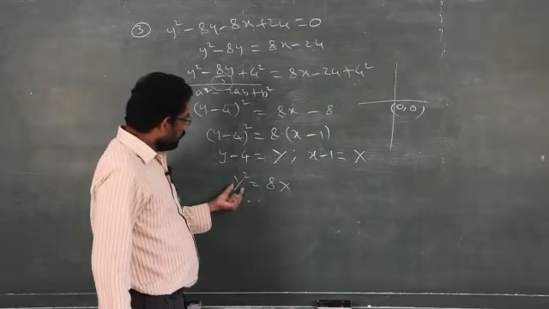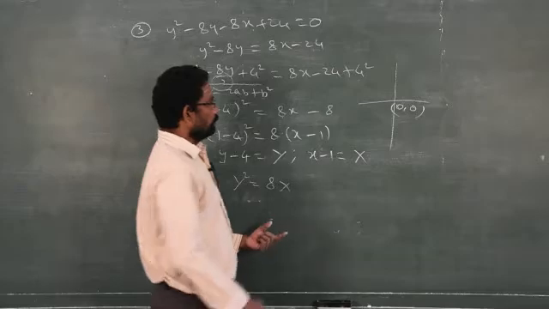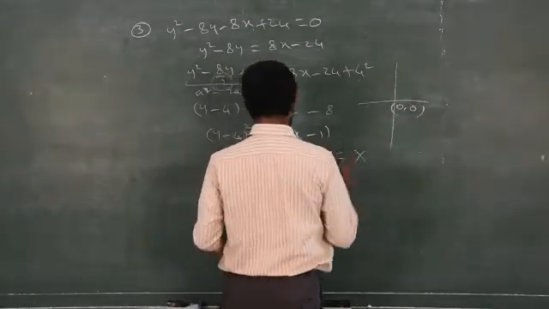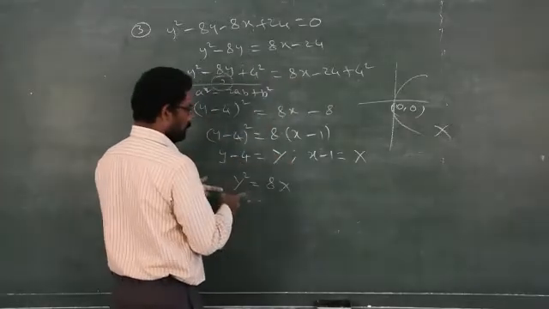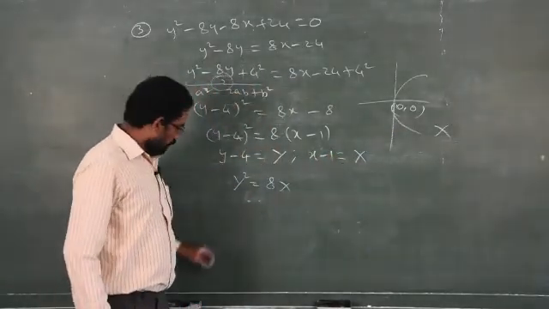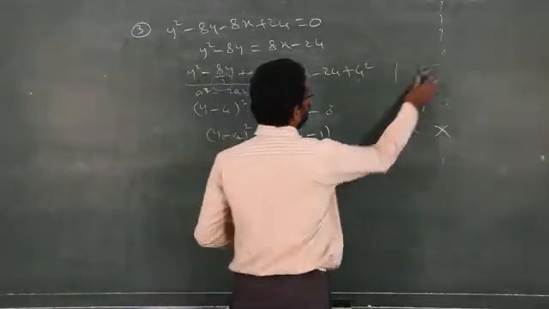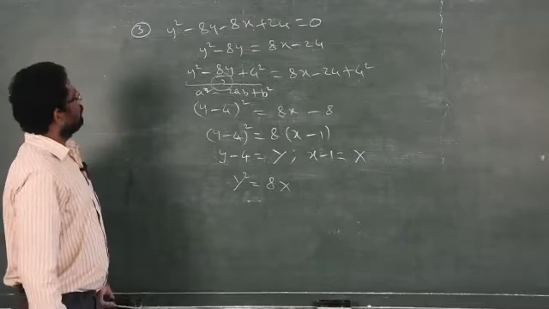Now this refers to capital X and capital Y. So you don't take the diagram like this. This is y square equal to 8x, therefore this is wrong for this problem. But for your reference, you can draw the diagram like the previous model.